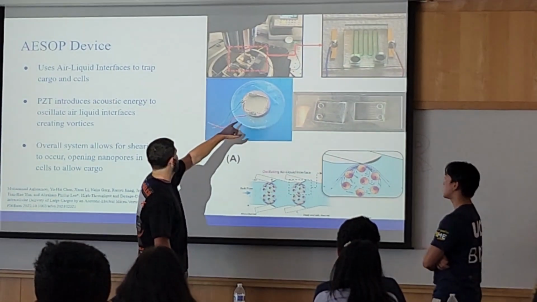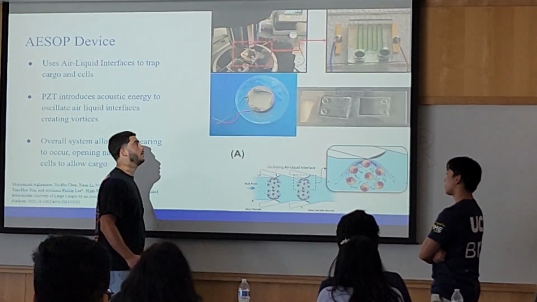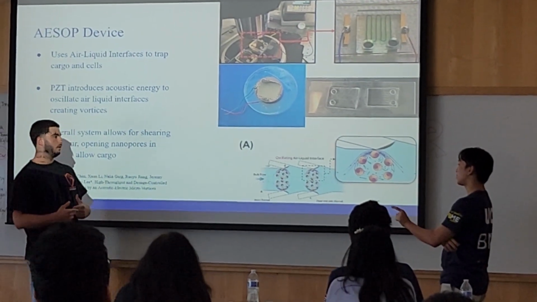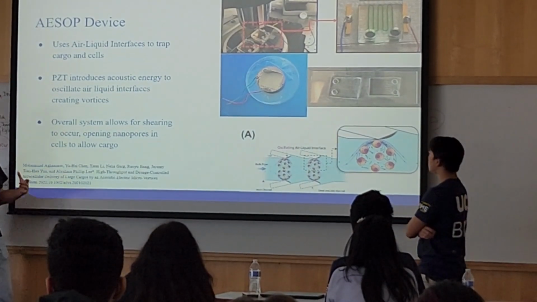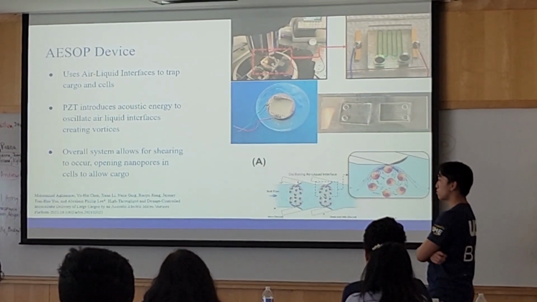And this was the PZT that allowed the electricity to go through and activate the oscillators. Overall, the system allows for shearing to occur, opening nanopores in cells to allow cargo to go into it.